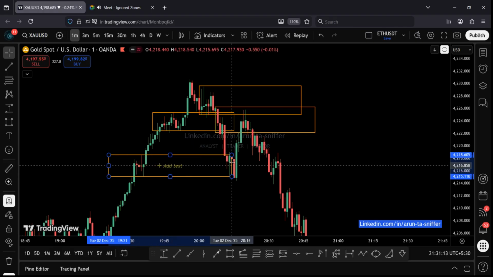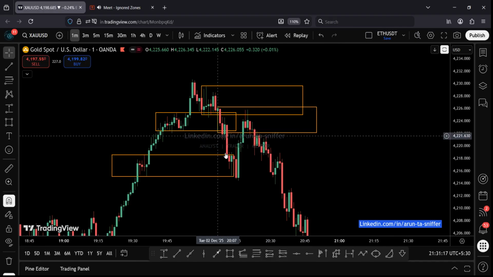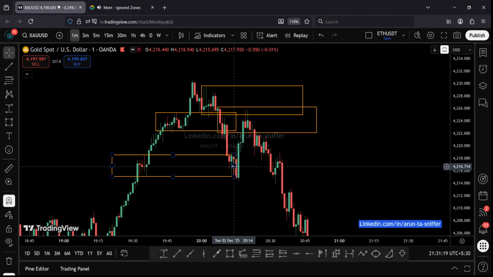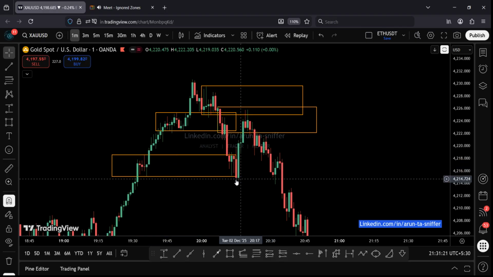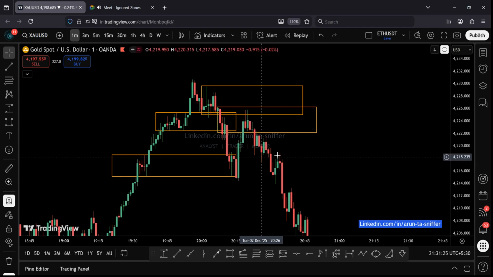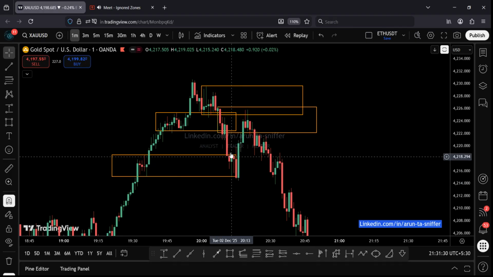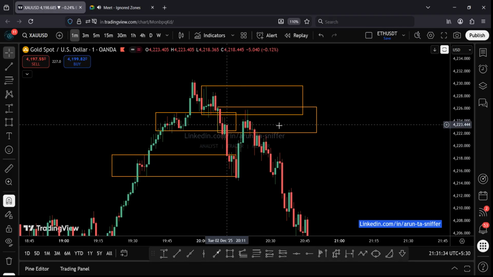What happens here? Price comes down, breaks here, goes a bit up and comes down again. Okay, and comes down again and ignored this one, ignored this zone.